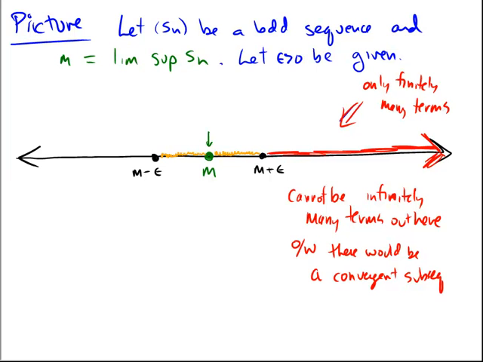Okay. On the other hand, if we come down here to the orange, the orange is the stuff inside of this epsilon window around M, then in here there must be infinitely many terms of the sequence, because otherwise, if this didn't happen, then we would not be able to find a convergent subsequence that would be inside of this orange window.